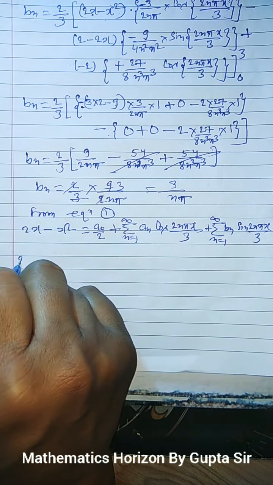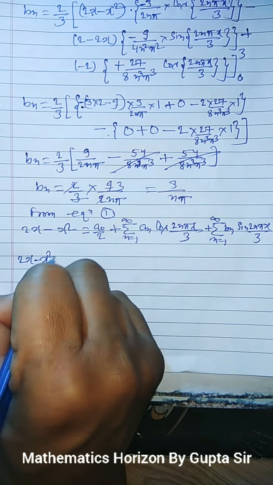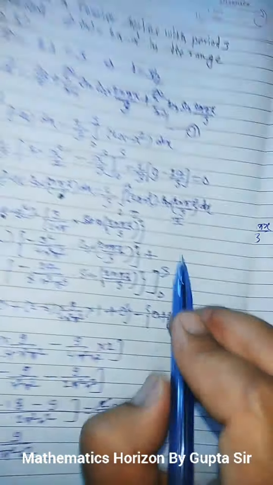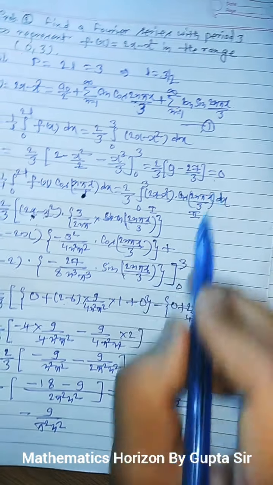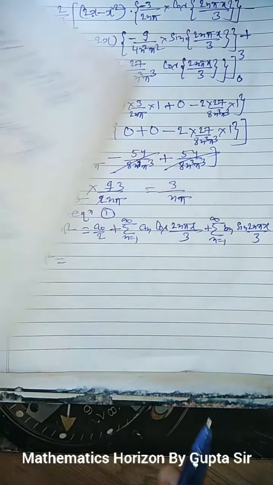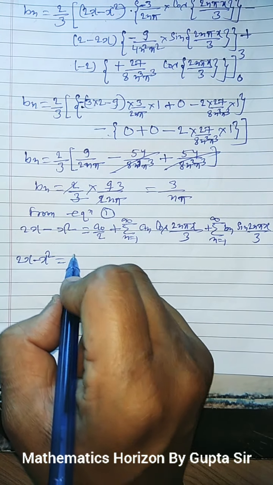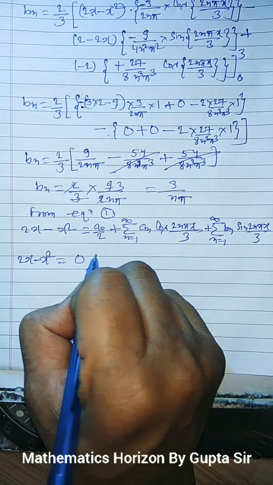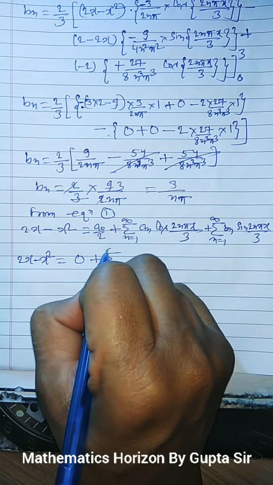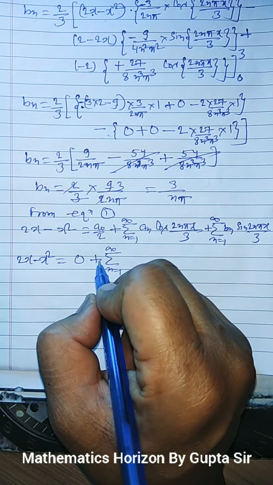That is 2x minus x square is equal to a0 by 2. What is the value of a0? Here a0 equal to 0 and an equal to minus 9 upon pi n square. Now we substitute these two values here. Here we have 0 plus summation n equal to 1 to infinity an.